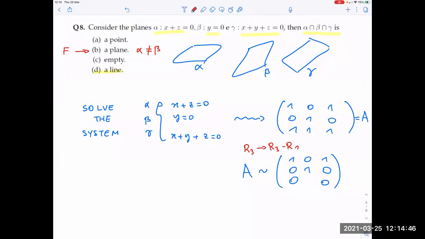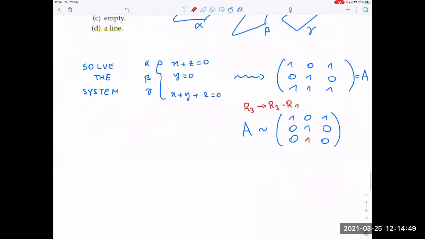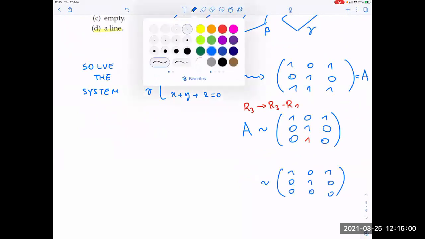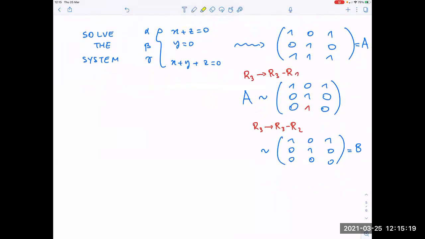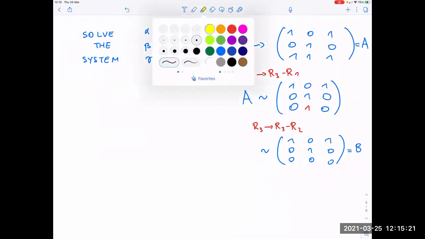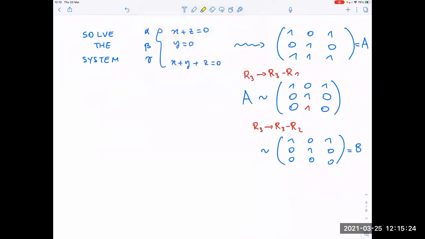and then, well, I was too quick. Let's say there is a 1 here, and then I make another step by saying row 3 minus row 2, right? So I do row 3 minus row 2. And so I got this matrix B, which is row equivalent to A. And from what we saw yesterday, no, probably with you was 2 days ago, sorry.